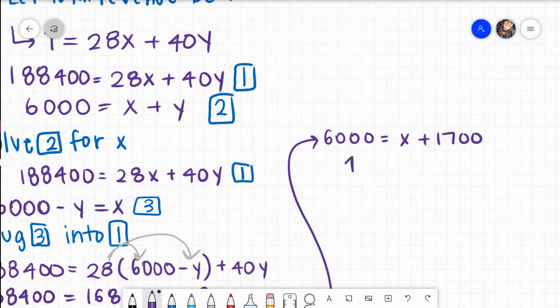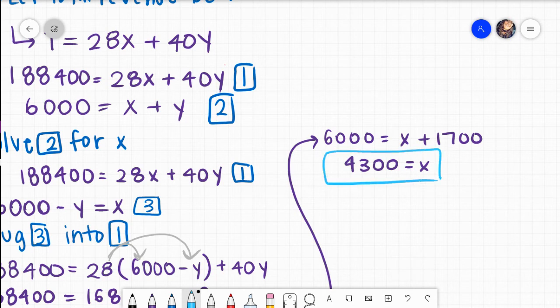So what I get is 4,300 equals x. That is my x, which means that the solution set would be, pay attention there, I almost said 1700, but that was my y. Okay, my solution set is 4,300, comma 1700, where 1700 is my y, and then 4,300 is my x.